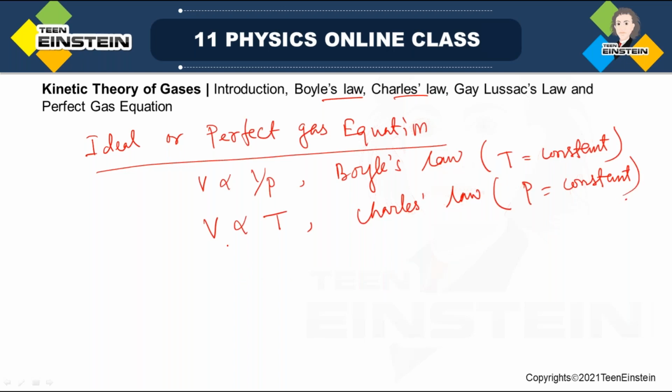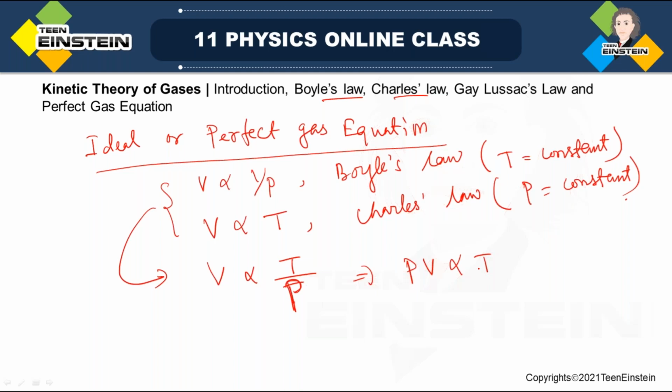So if we combine these two, what we can write is V directly proportional to T divided by P, or in other form, PV directly proportional to T.